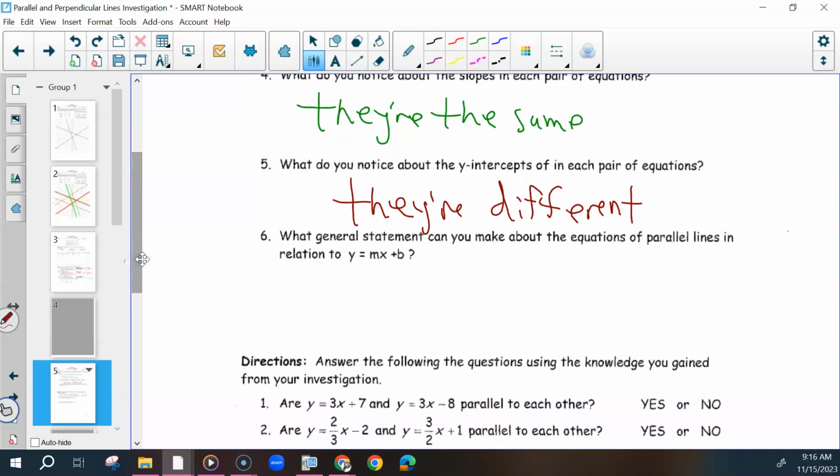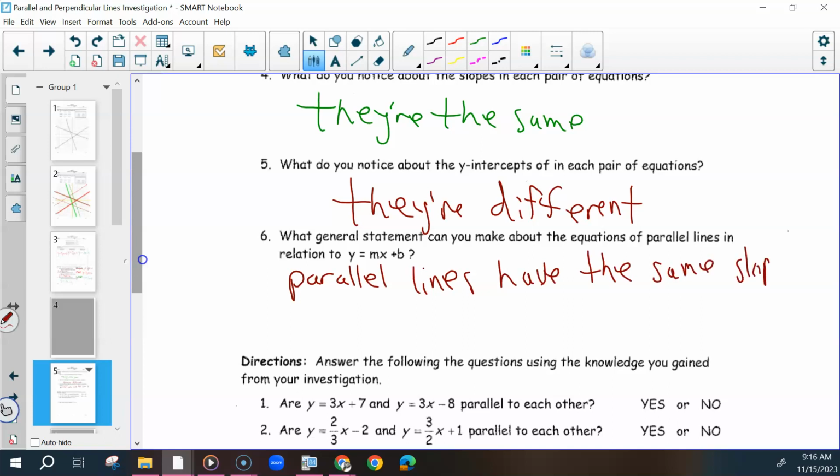So we could combine those two things to say about parallel lines in general: parallel lines have the same slope and different y-intercepts.